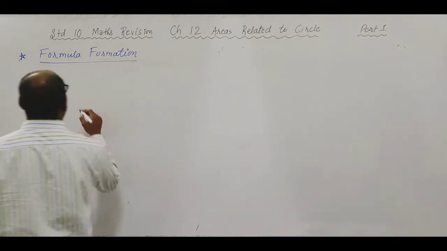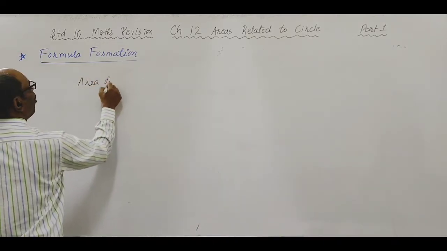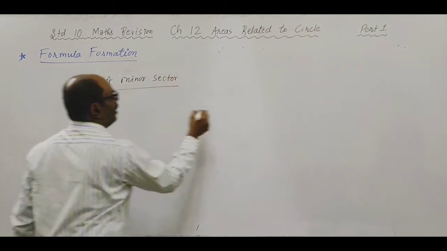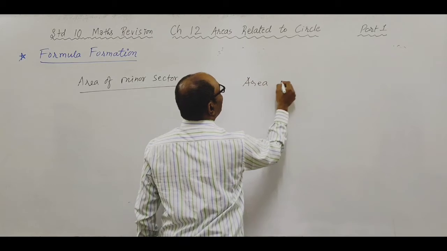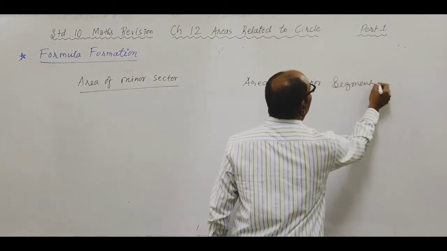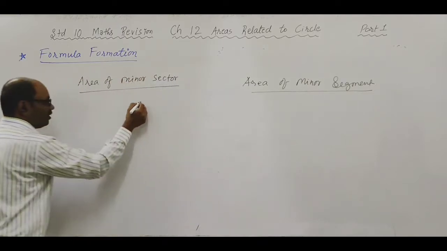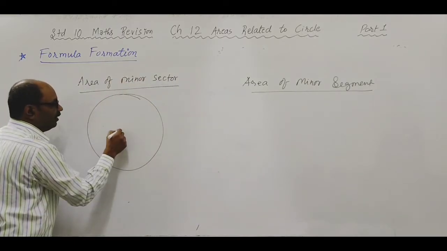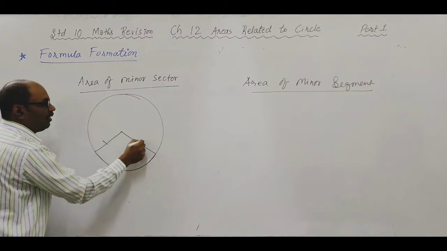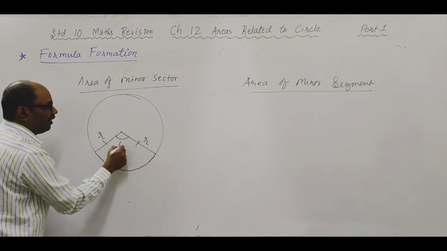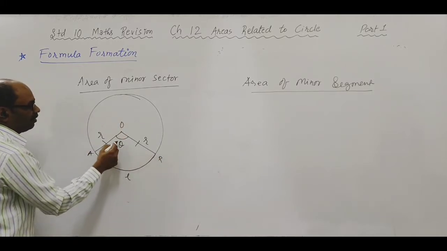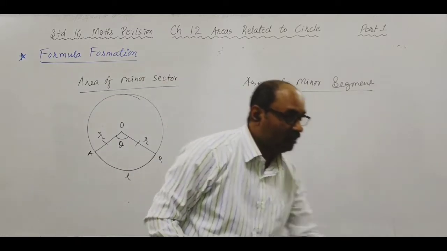I am writing both the formulas here: area of minor sector and area of minor segment. Very good, you are attending well. Here is the figure. Sector means two radii and the corresponding arc. It has two radii, the angle subtended at the center, and L. So I shaded that part.